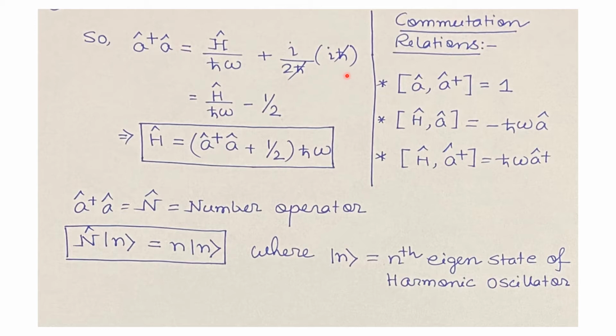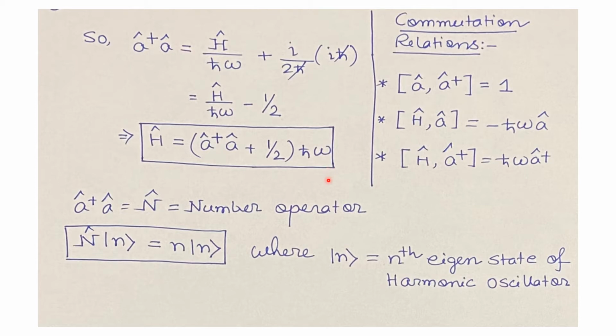So from the numerator and denominator, h cut will be cancelled out, and the multiplication of i and i will give minus 1. So we can write A cap dagger times A cap equals H cap divided by h cut omega minus half. From here, we'll get an expression for the Hamiltonian operator, that is H cap, equals A cap dagger times A cap plus half, these terms in the parenthesis, times h cut omega.